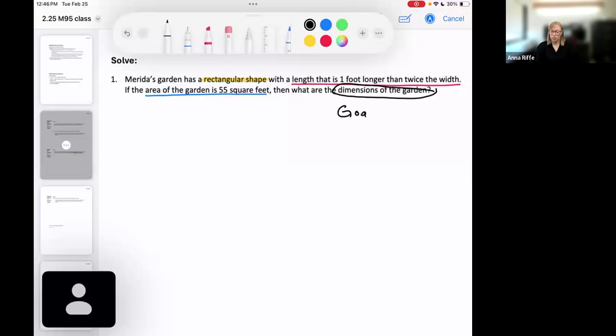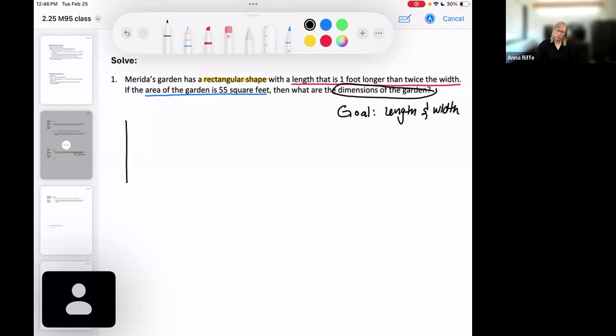This is our goal. We don't know either of those. If I'm approaching a problem, I usually like to make notes on what information I'm given, and then what is the information that I am being asked to find.